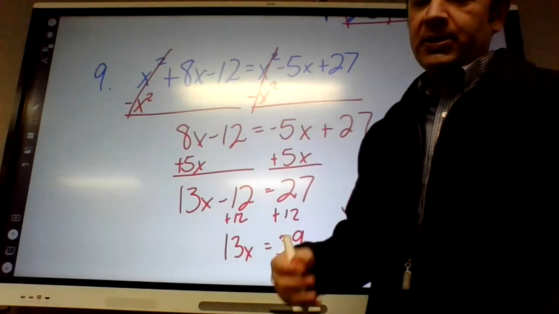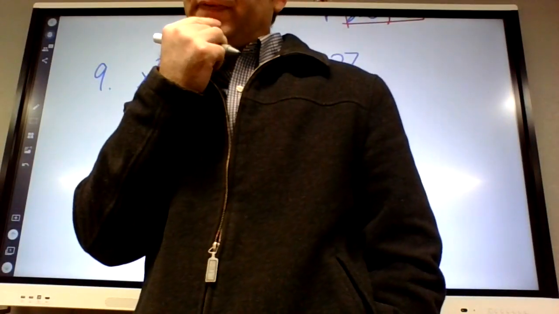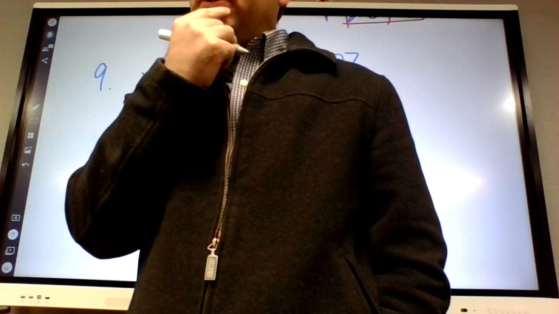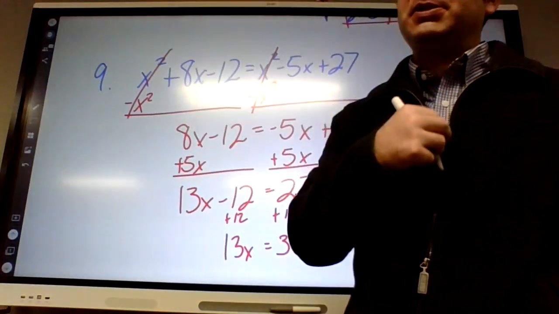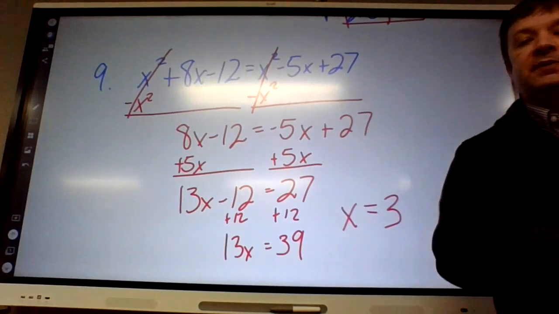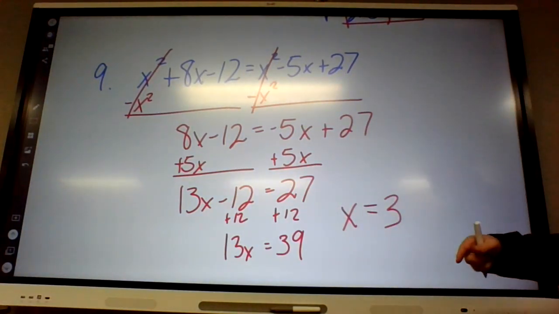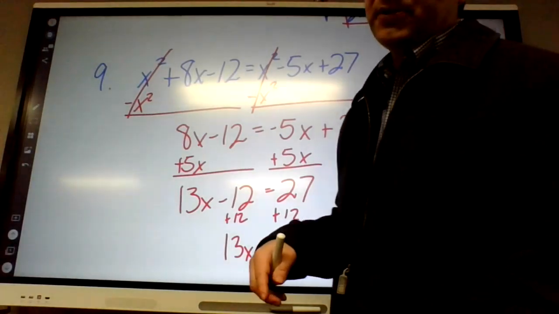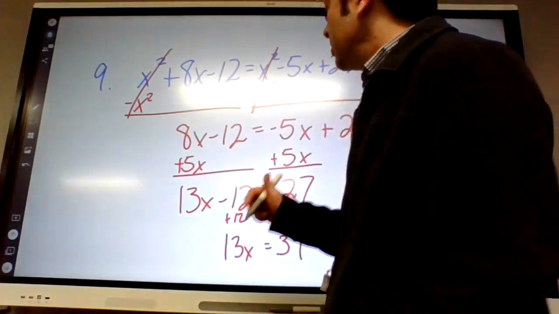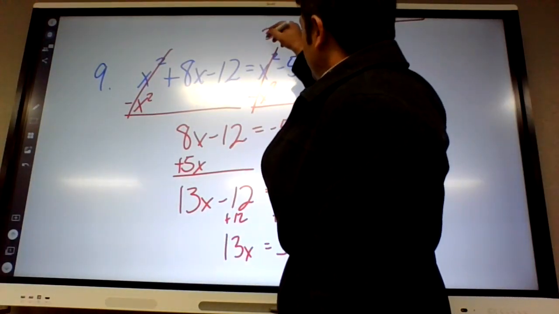No, I don't think so. They ask for FN. If you look at the picture, FN is just half of FH. So if we plug 3 into FH and then divide our answer by 2, that should do it. So I'm going to plug in 3.